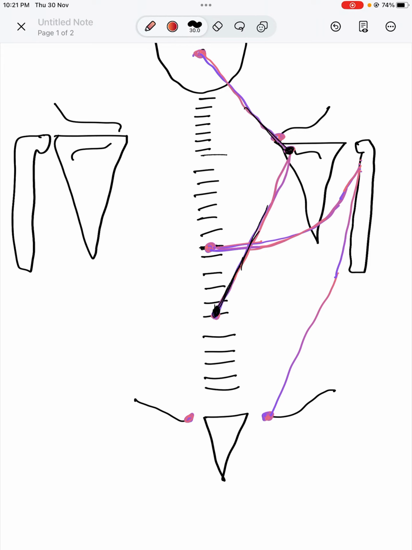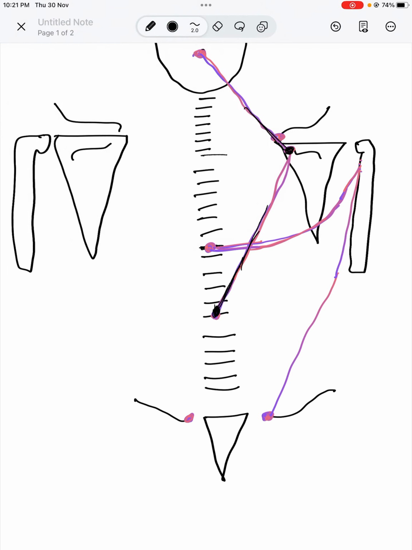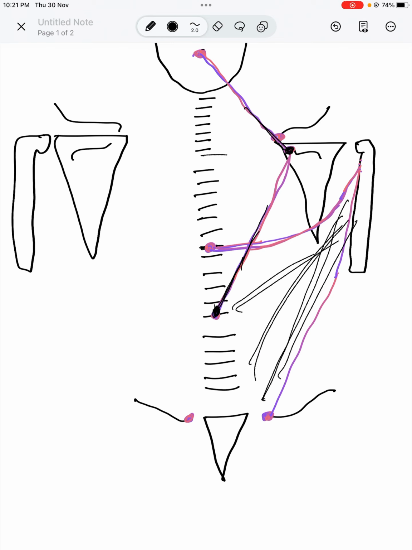So again, to study maybe your latissimus dorsi, maybe someone can guess even before I tell. These are the muscle fibers, right? Try it out yourself. This is how the muscle fibers of your latissimus dorsi go, and try guessing the action of the latissimus dorsi.